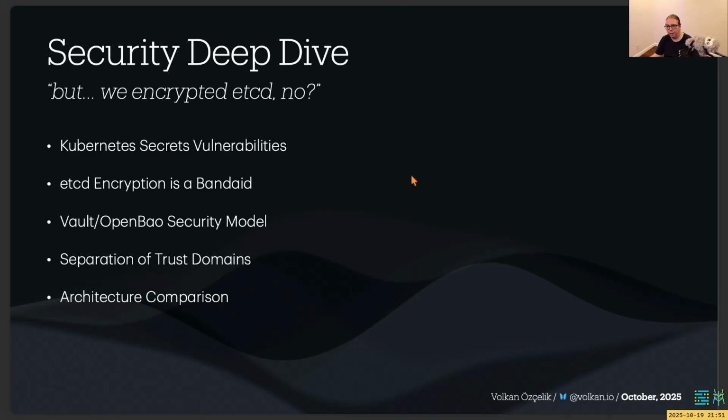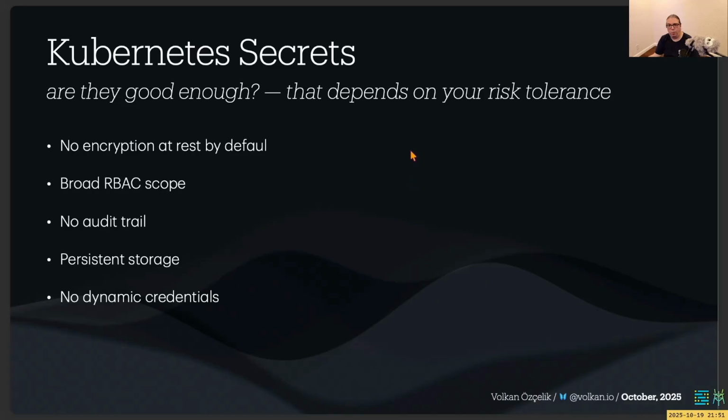One thing that one might often think is, why not just enable etcd encryption? It's what everybody recommends, right? And it's a common recommendation, to be fair, and it mitigates one of these shortcomings that I have alluded to. It's useful, but it's not sufficient.